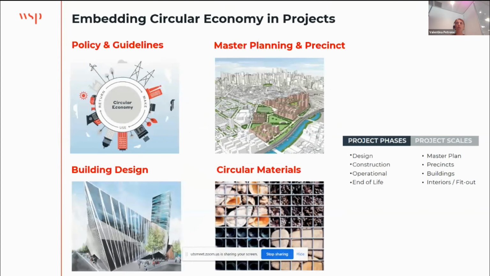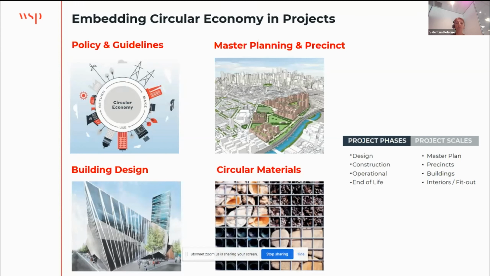And when we talk about embedding a circular economy in projects, there are multiple levels where we can operate. Policy and guidelines definitely are very important, and can drive broader change at a higher level. Then we can work and implement circular economy principles at master planning and precinct level, which is very applicable to the Brisbane 2032 stage.